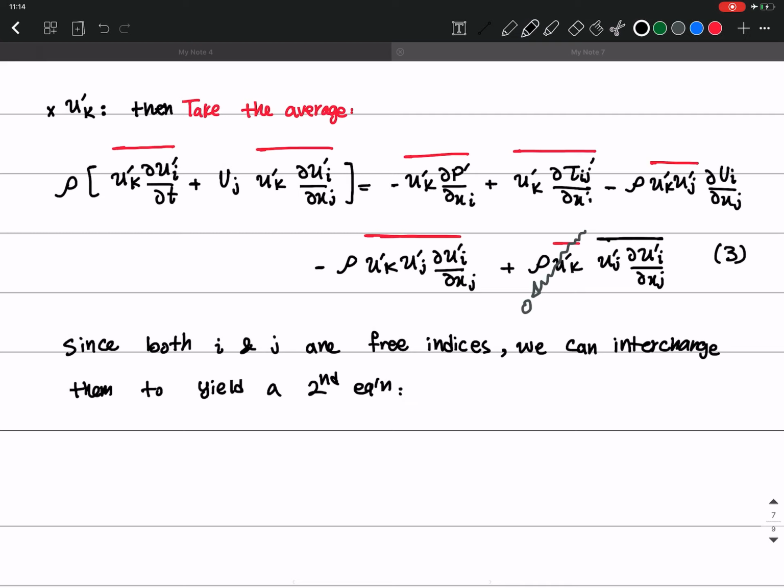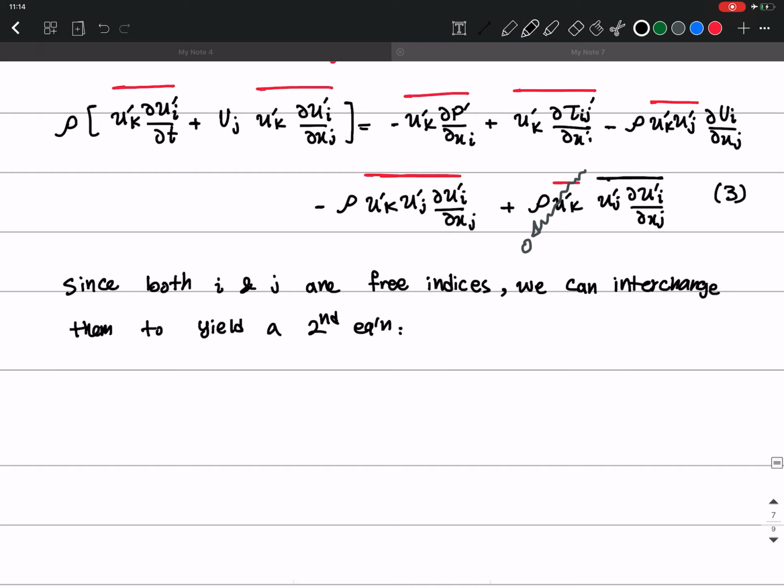Again, these i and j are just some names, right? So I can just change them. They are free indices. I can just interchange them. So instead of i, write j, and instead of j, write i. So what we are going to get is this.